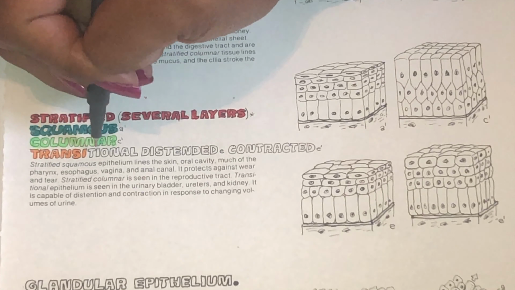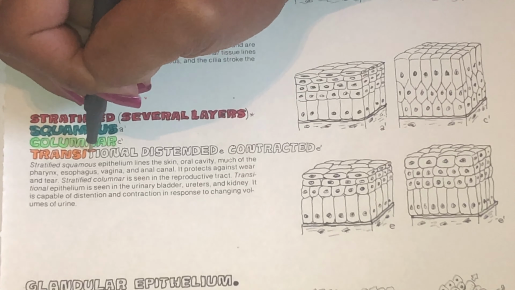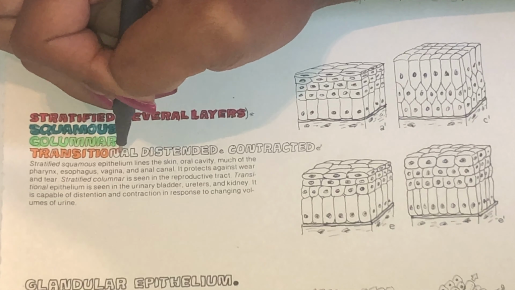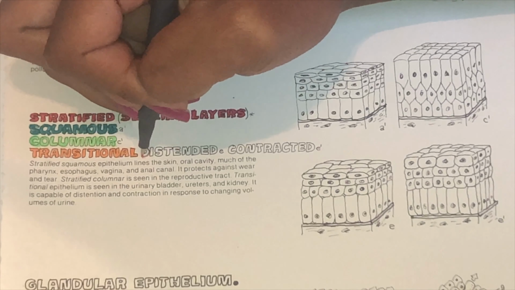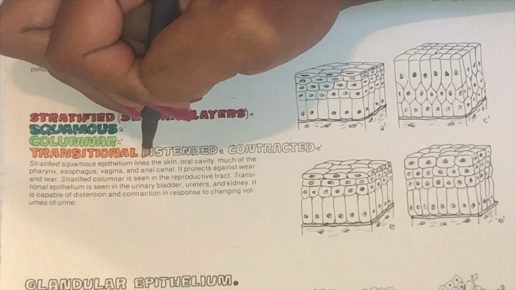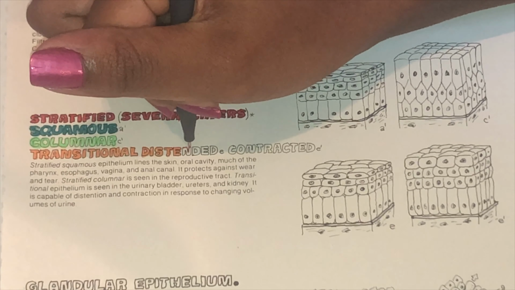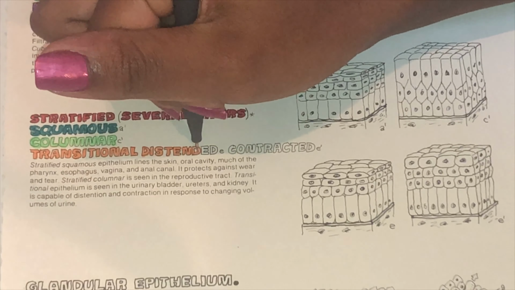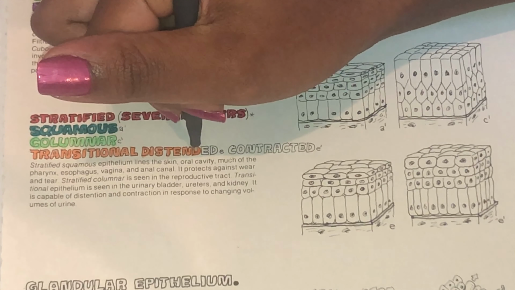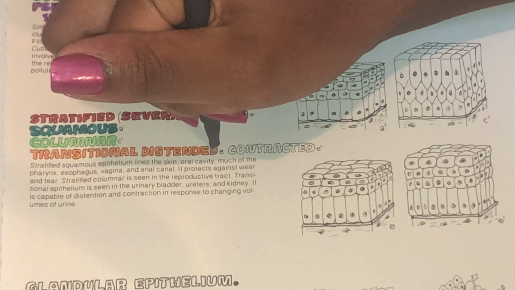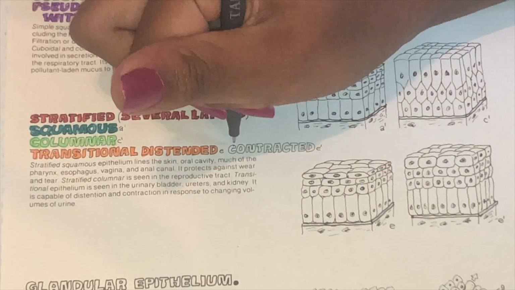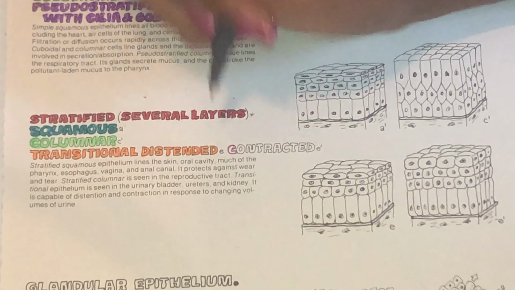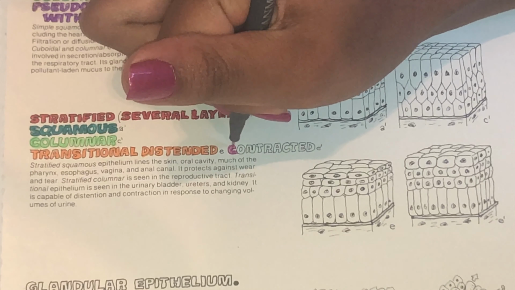So transitional distended. And contracted, we will color E1.